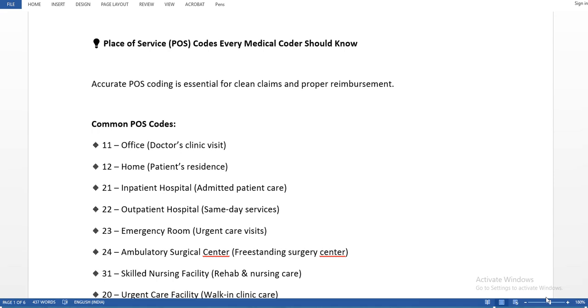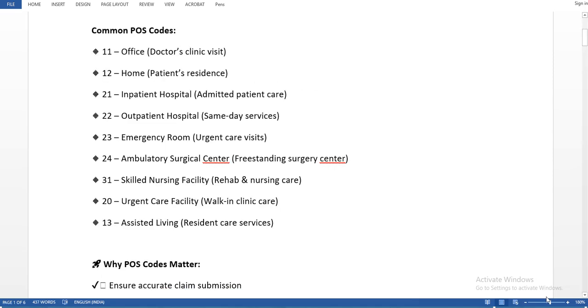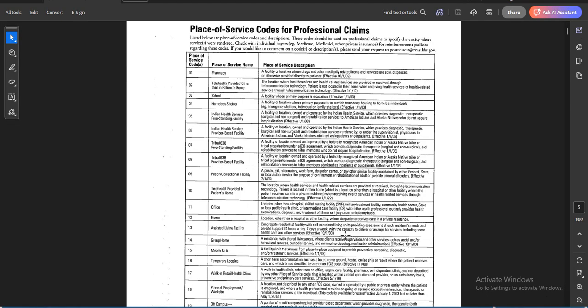Most of the time, accurate POS coding is essential for clean claims and proper reimbursement. So if you apply the correct POS code, you will get proper reimbursement. We have nearly 50 to 60 POS codes. You can find these in the CPT book.